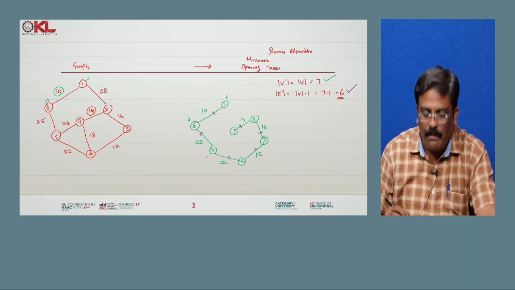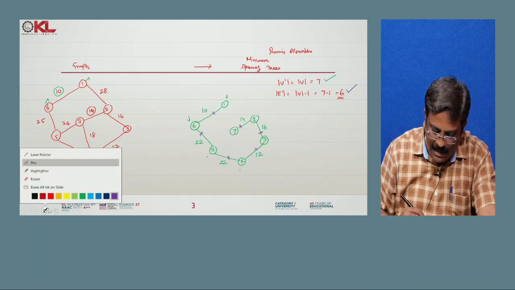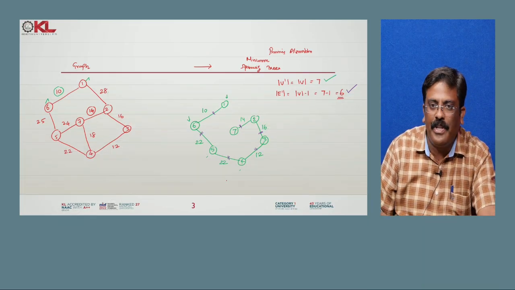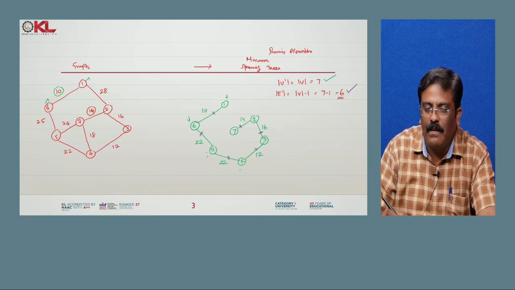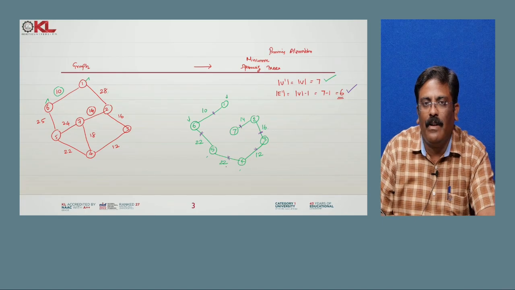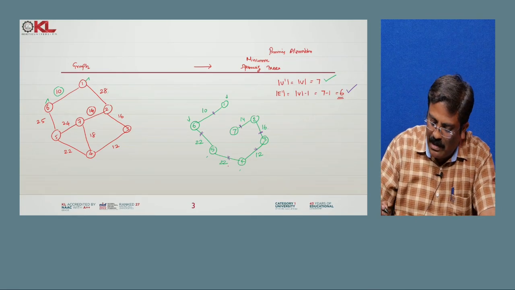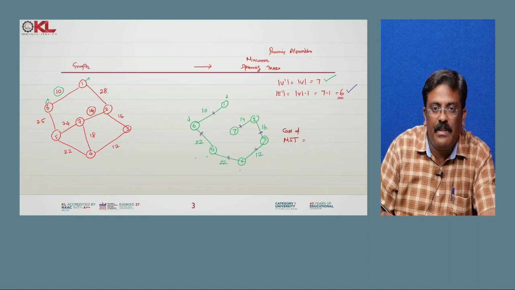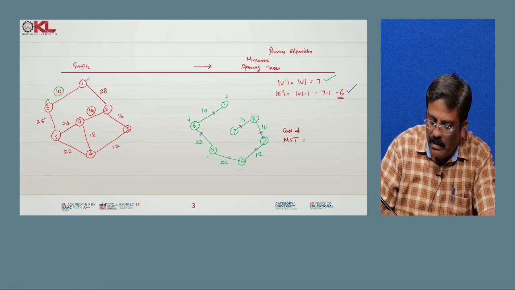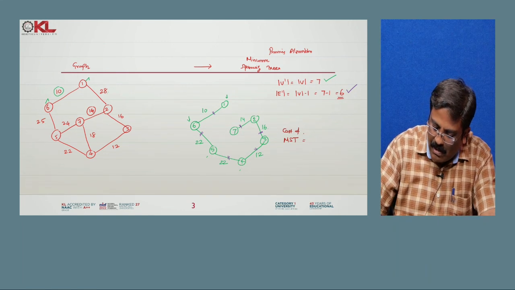Now Prim's claims that whatever combination you apply hereafter will not provide a minimum cost lower than the spanning tree which is formed now. And now, what is the minimum spanning tree cost? The cost of the minimum spanning tree is the sum of all the edge weights. So how can we do so?